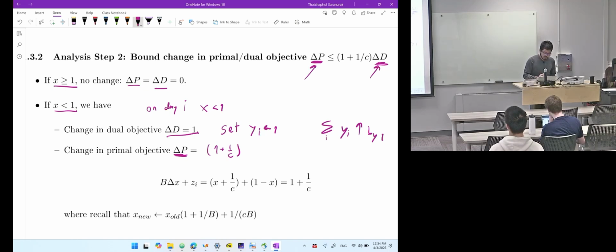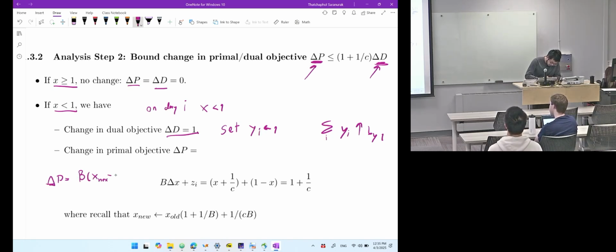Okay. Let's just try to analyze it. What's the change in the primal solution? The change in the primal cost is just b times x new minus x old, plus ci.